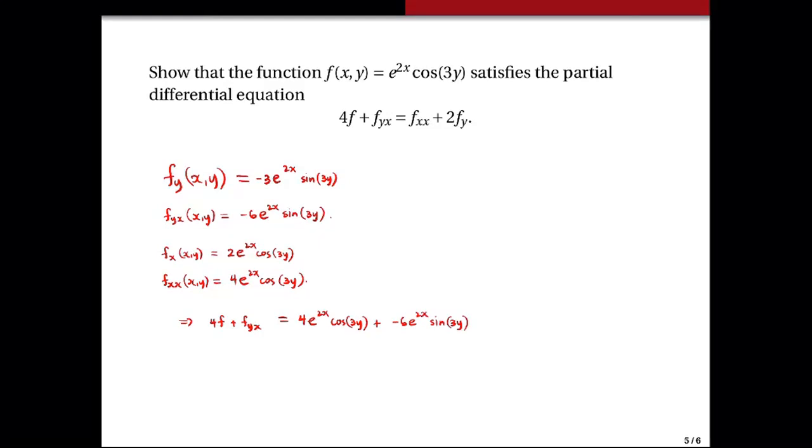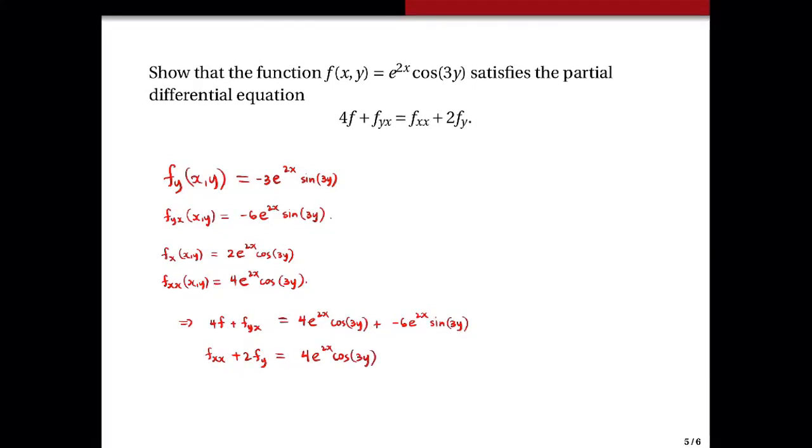So this is the left-hand side. For the right-hand side, we have f sub xx plus 2f sub y. f sub xx is 4 e to the 2x cosine 3y. And then plus 2 times f sub y, that's negative 3 e to the 2x sine 3y.